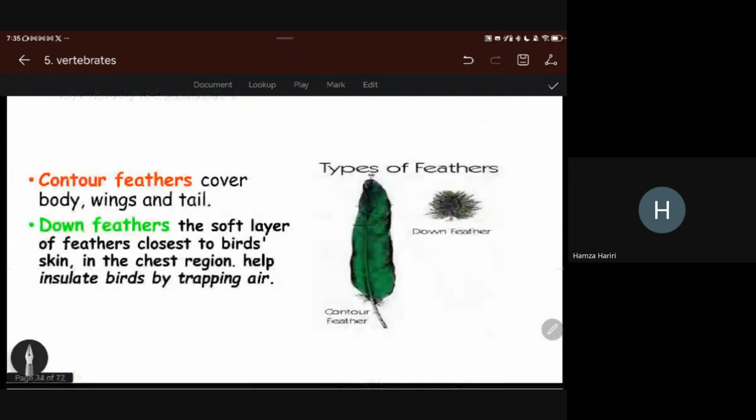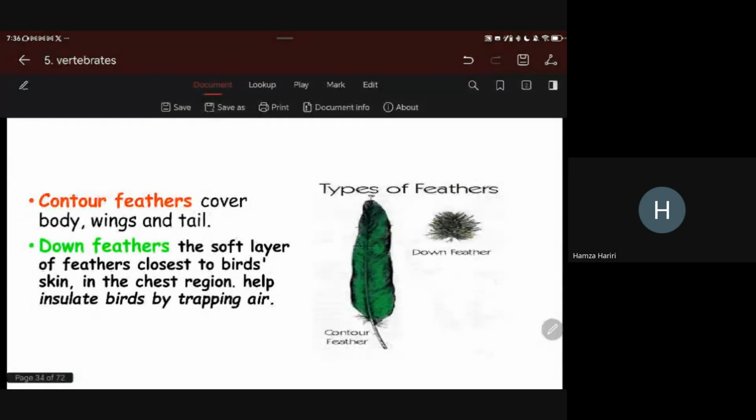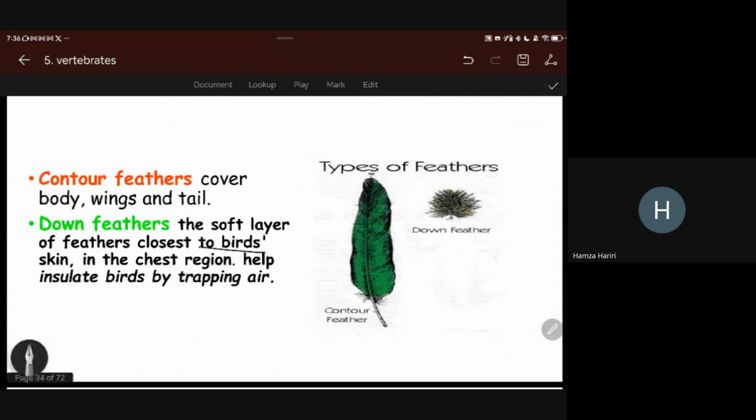We have two types of feather. We have the contour feather, which covers the body, wings, and tail, and we have the down feather, which is a soft layer of feather closest to the bird's skin, usually in the chest area, and it helps insulate the bird by trapping air.